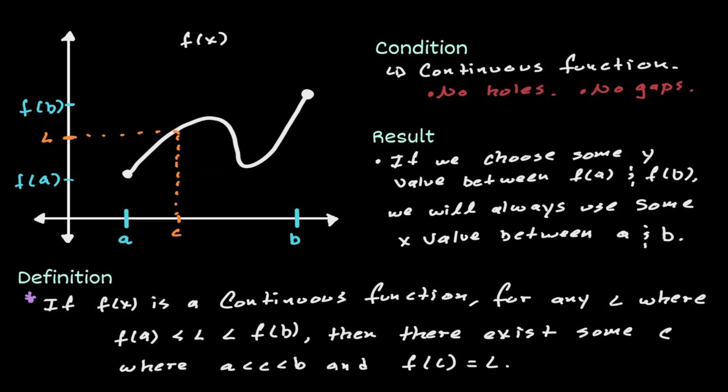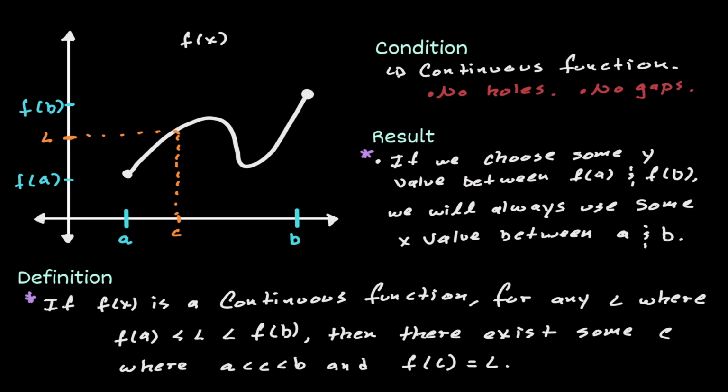So this definition is nothing more than the result that we obtain. If we choose some value between f of a and f of b, then there exists some value between a and b that if we plug it into the function, we will obtain the value of L.